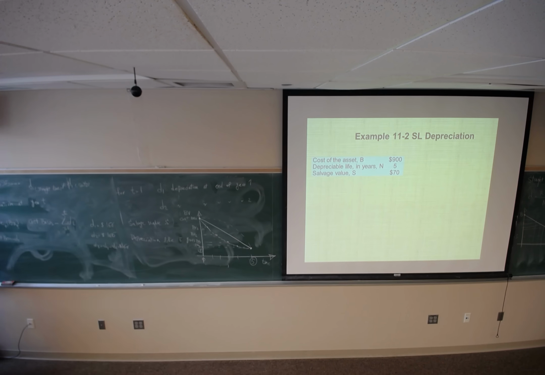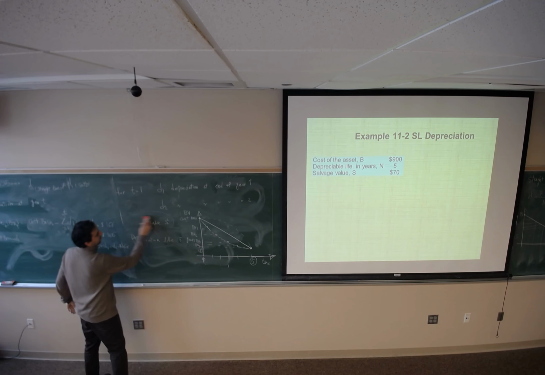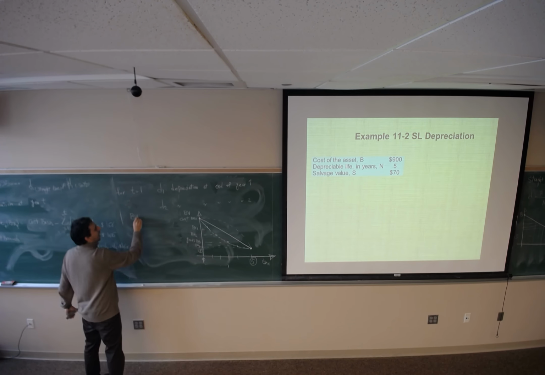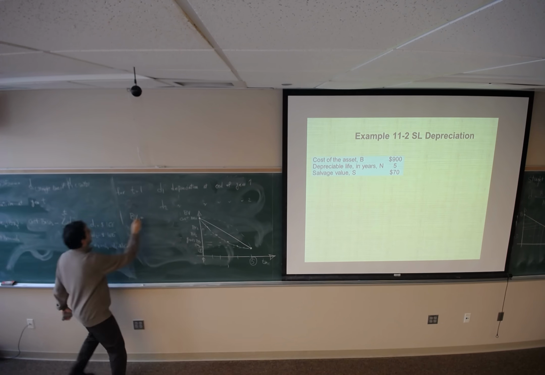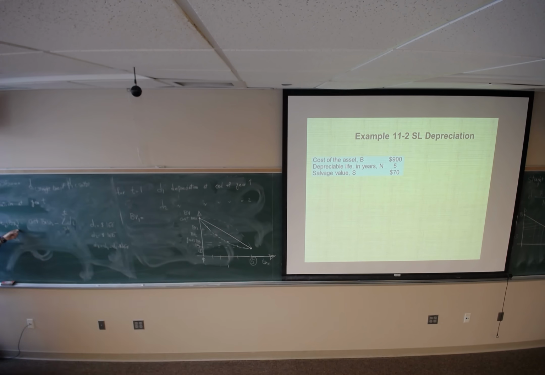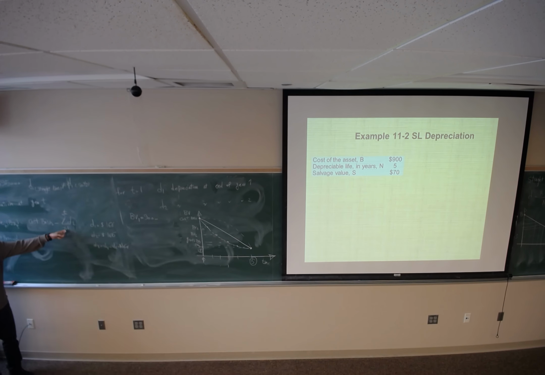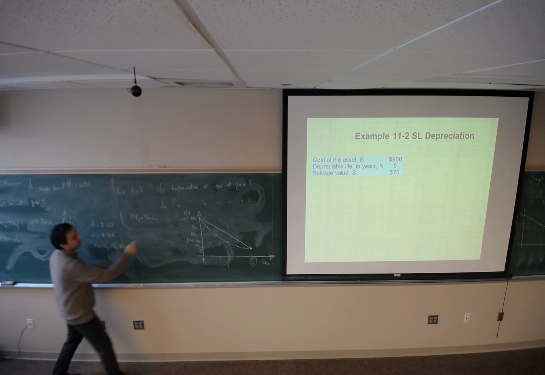If you want to find the book value at the end of the first year, book value when t equals 1, it's cost basis 900 minus the summation of depreciation from 1 to 1. T is 1, so it's going to be D1.